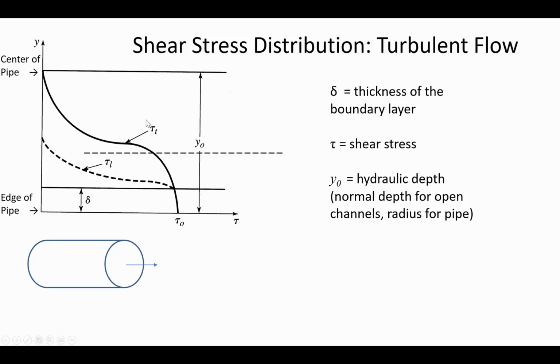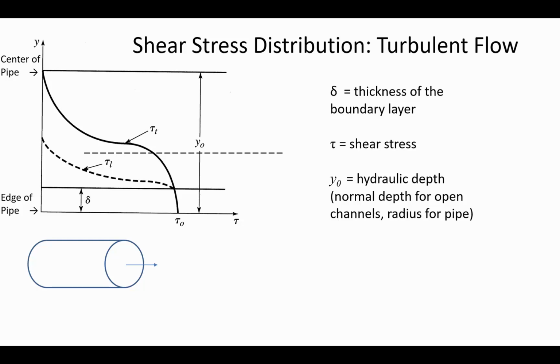And so you can think of this shear stress as the resistance force per unit area that's being applied to the water by the pipe. And so at the center of the pipe, it's at the minimum. Right at the edge of the pipe, it's at its maximum. So the shape of this curve is going to vary depending on if you have turbulent conditions or if you've got laminar conditions.